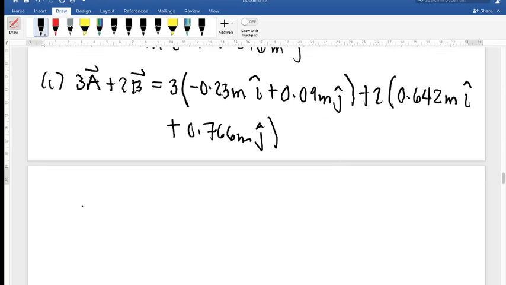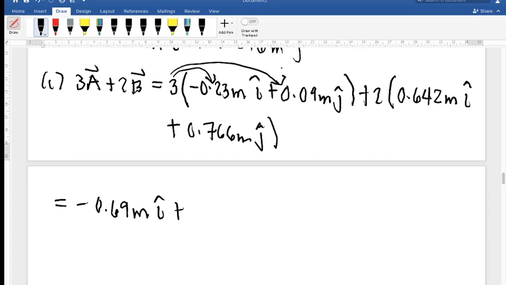So proceed. So we have here, simplify. So 3 times negative 0.23. So that is negative 0.69 meter i hat. Then distribute 3 here to each component. 3 times 0.09. So that is 0.27 meter j hat.